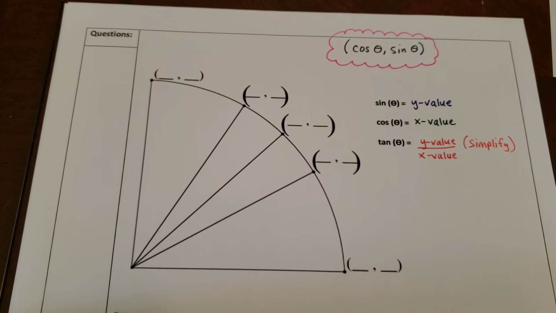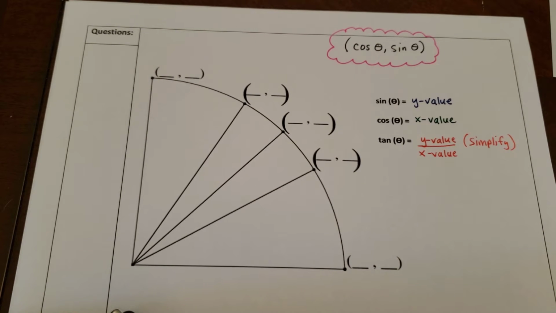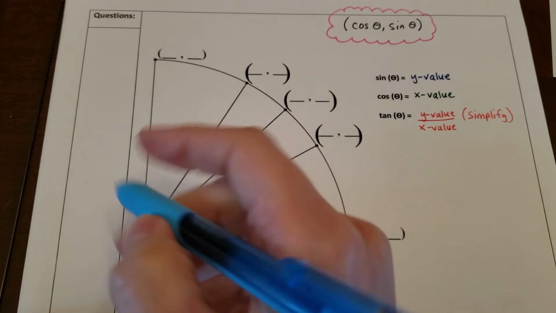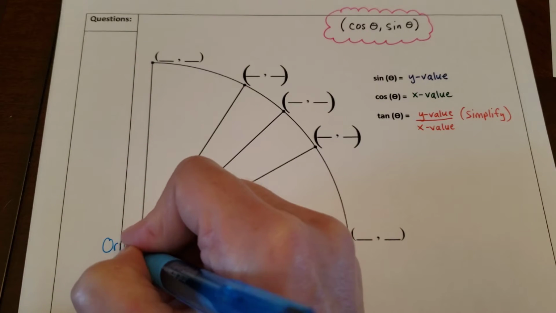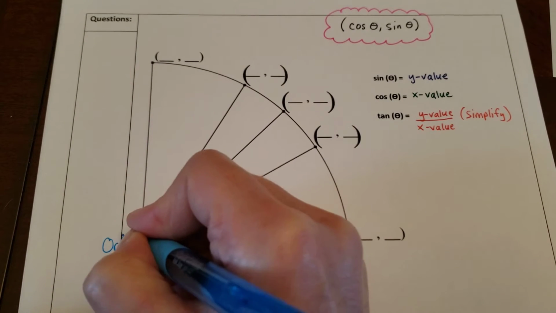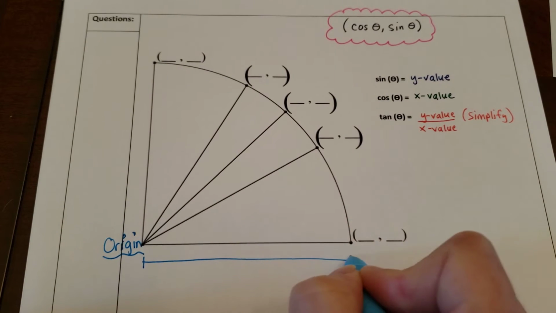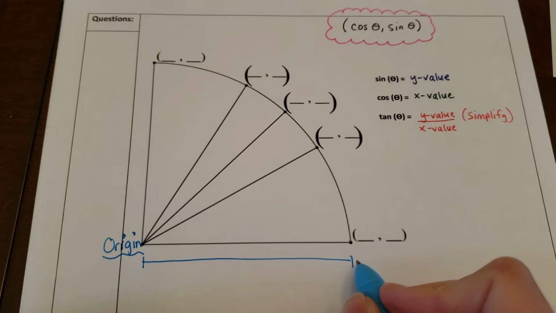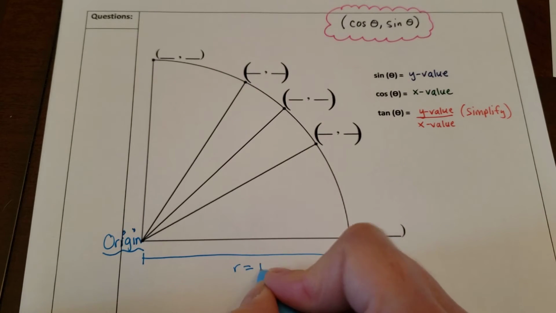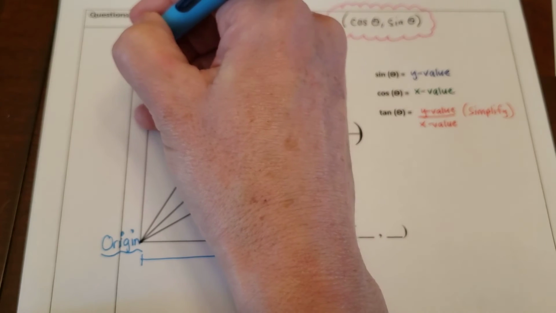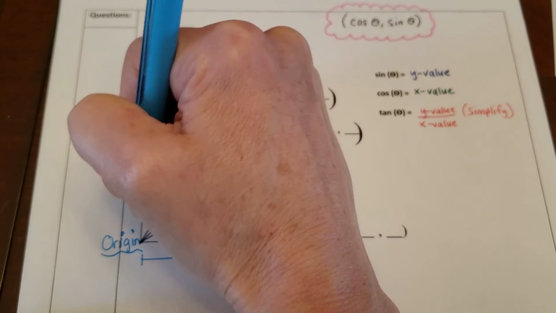And so a couple things. This is a unit circle, and we learned before that unit circles have radius 1. So if this is the origin here, this length from the center to an endpoint on the circle is my radius, and it has length 1. I also know that to be true on this side as well.